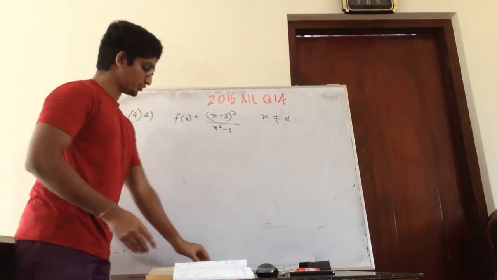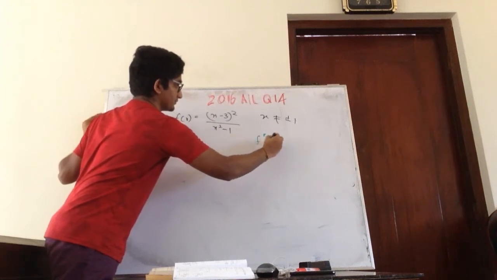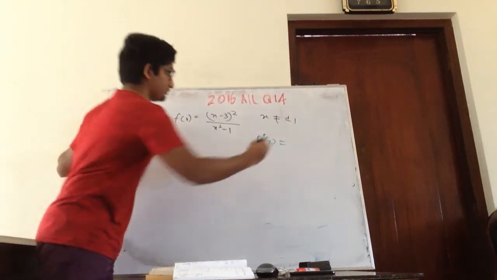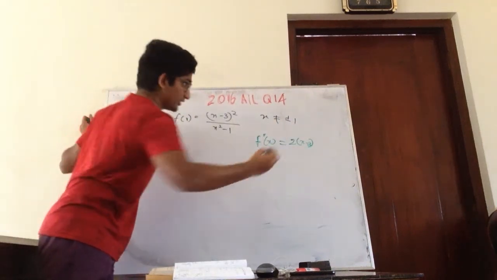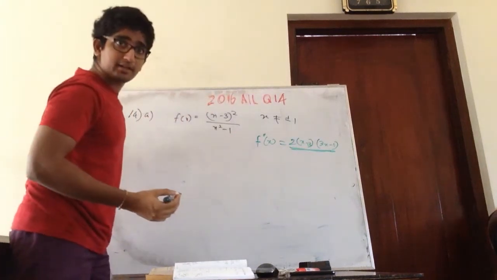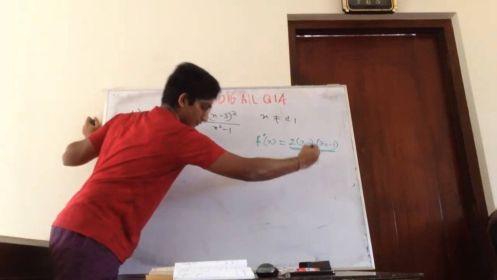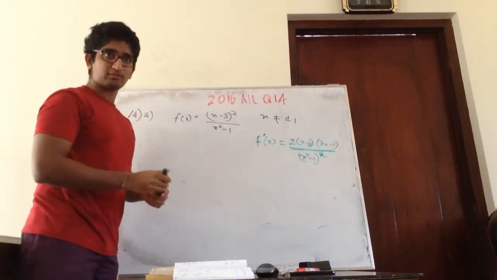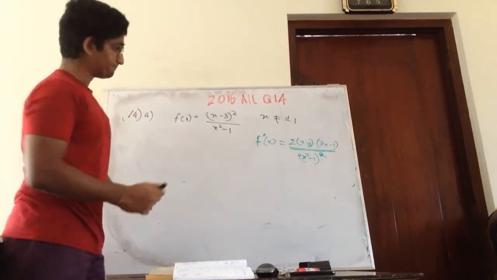So they want us to show that f dash x is basically equal to 2(x minus 3)(3x minus 1) over (x squared minus 1) squared. So I just rewrote their requirement out. So let's try to get this answer, right?